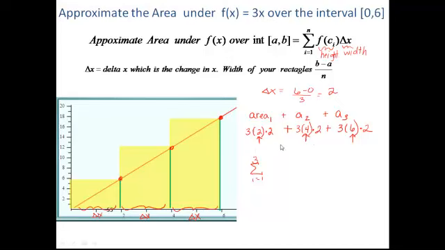So that's where we could use that delta x times I is equal to that c sub I that I'm interested in. So right here, what this would equal is 2, because that's my delta x times my I. And that's going to get me these values that I'm interested in.